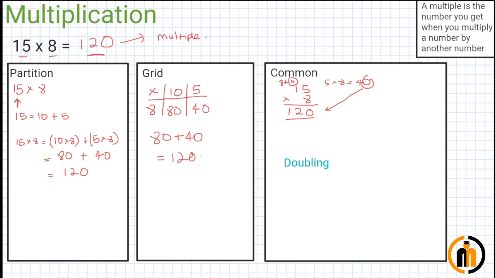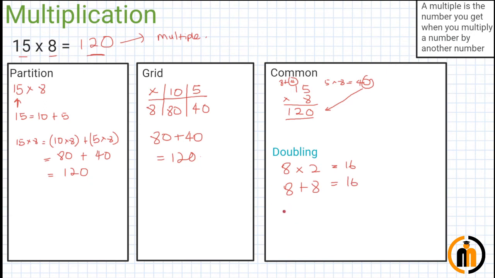Now we have something called doubling. Doubling basically means you are multiplying a number by 2. For example, if I have 8 and I ask you to double it, you multiply it by 2. Another way of seeing this is 8 plus its own self, 8, gives the same result. So 8 times 2 is 16, and 8 plus 8 is also 16.